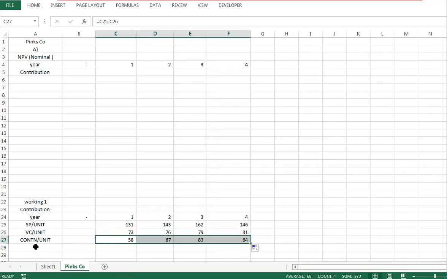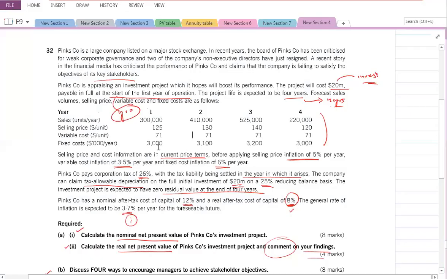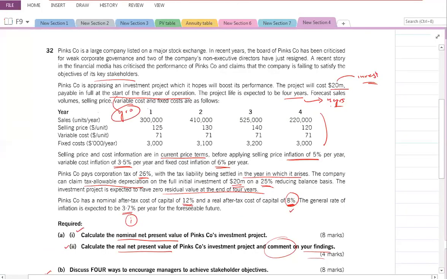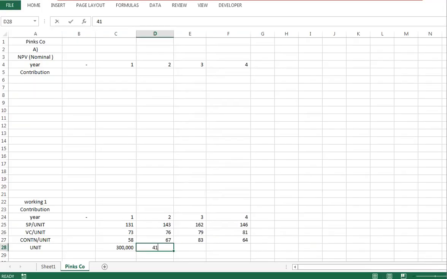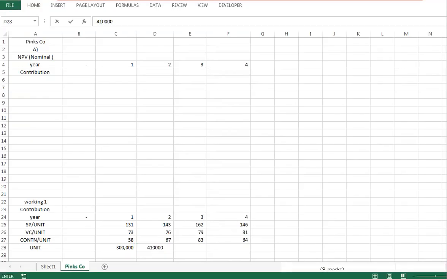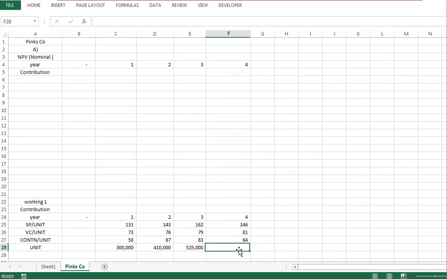And now we are going to multiply the contribution per unit with the number of units. You know that the number of units are 300,000, 410,000, 525,000, and 220,000. Right?